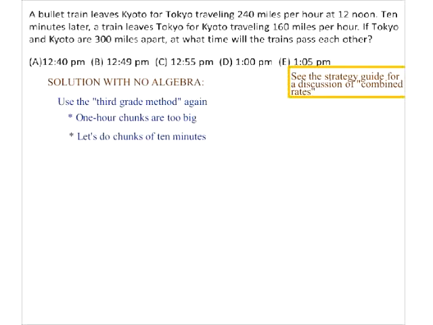Train A, the train from Kyoto, is going 240 miles per hour. So that's 240 miles per 60 minutes, which means it's going 40 miles per 10 minutes. You just divide by 6.